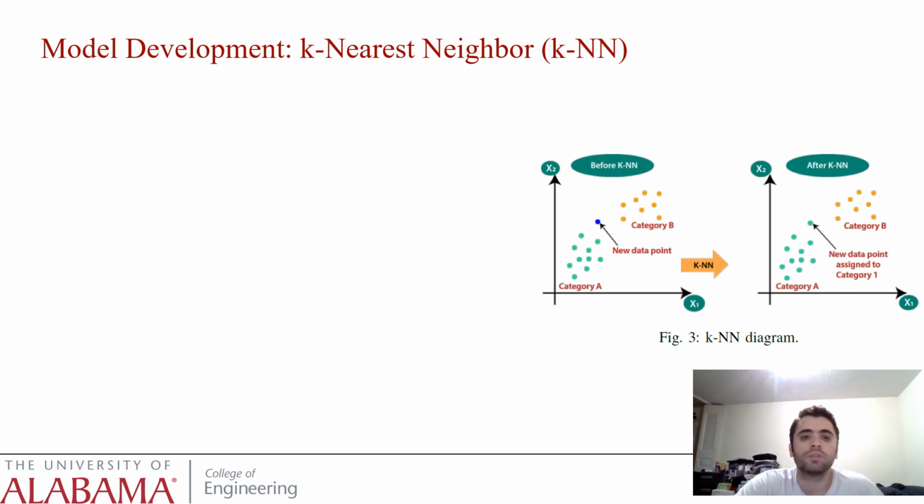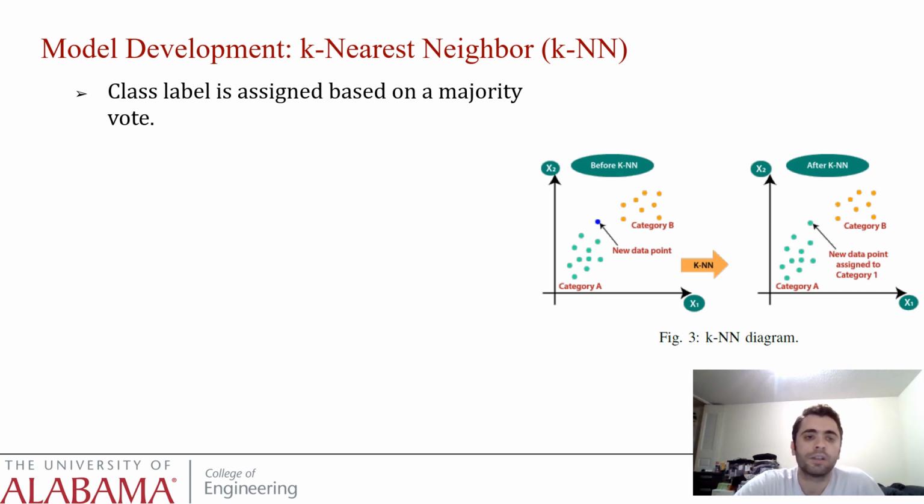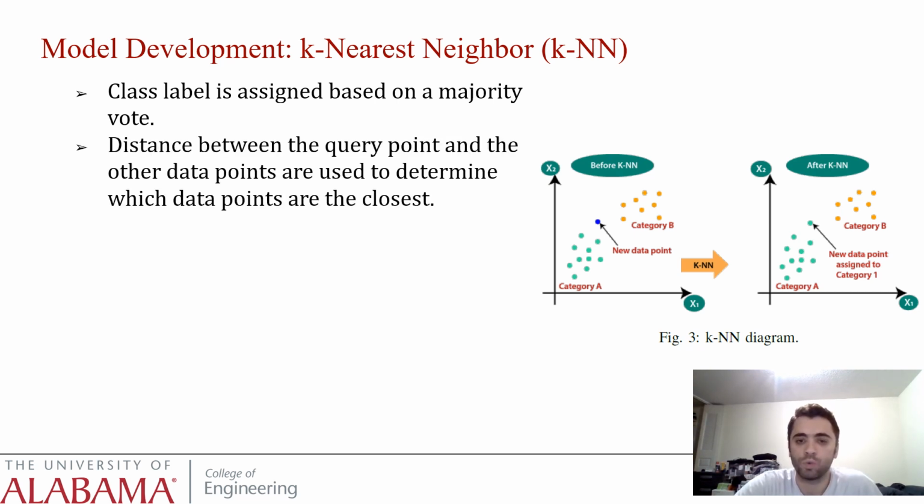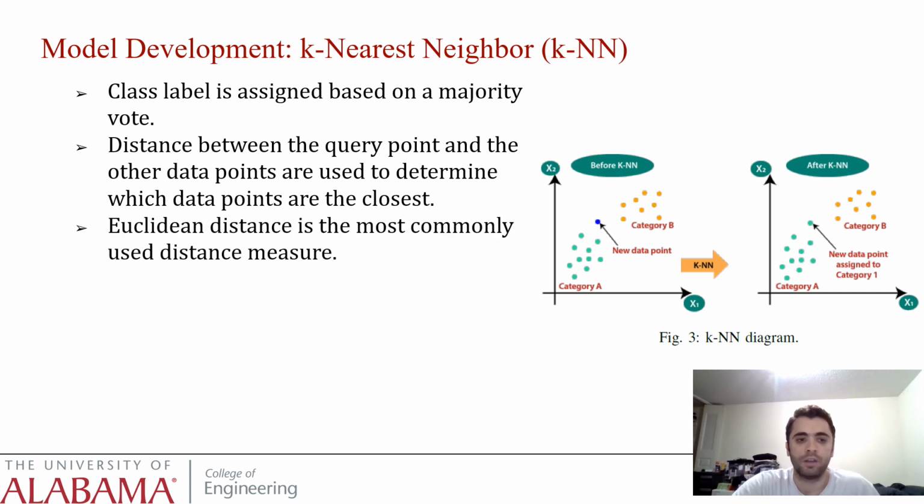The next model I use is k nearest neighbors, and in KNN, the class label is assigned based on a majority vote. The distance between the query point and the other data points is used to determine which data points are the closest. Euclidean distance is the most commonly used distance measure, although there are other distance metrics like Manhattan distance.